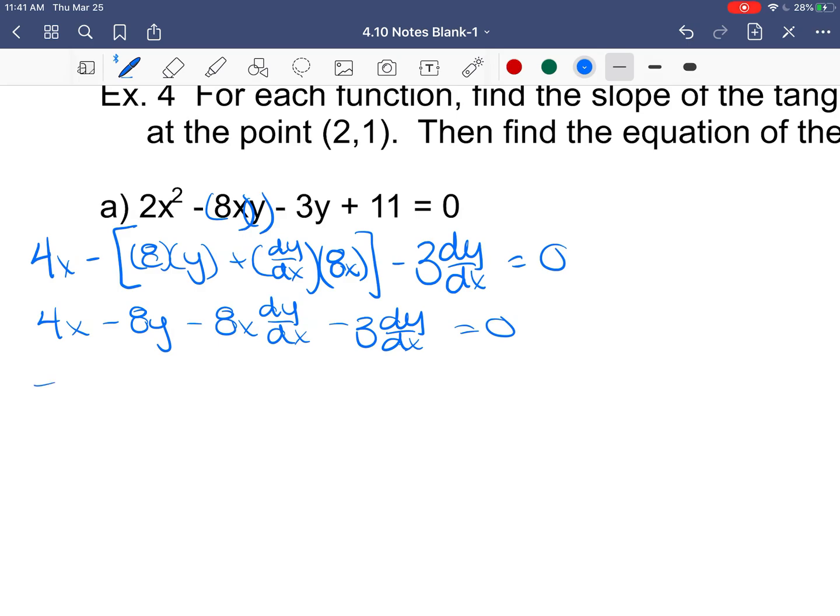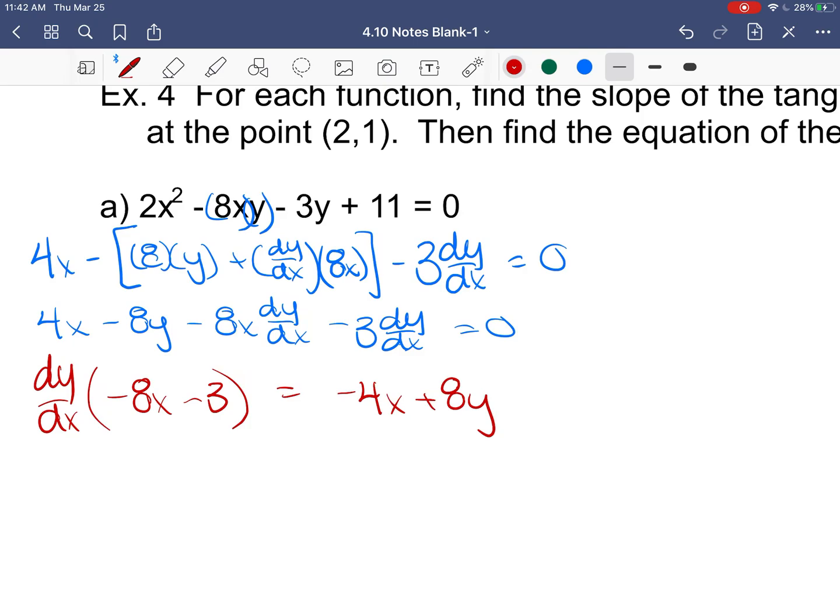All right, so get dy/dx by itself. Honestly, if we're working on skipping steps and being efficient mathematicians, we might already start taking out our dy/dx, and we're going to be left with negative 8x minus 3, and on our other side, we're going to have negative 4x plus 8y.